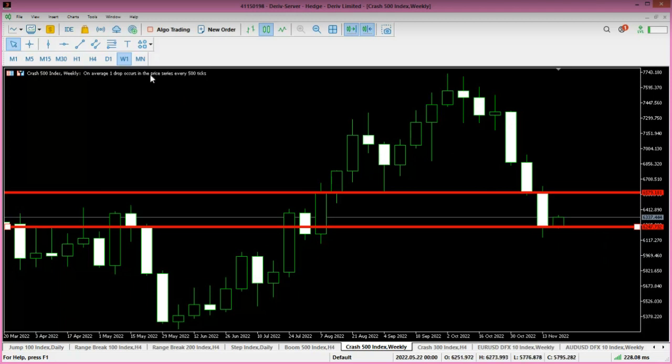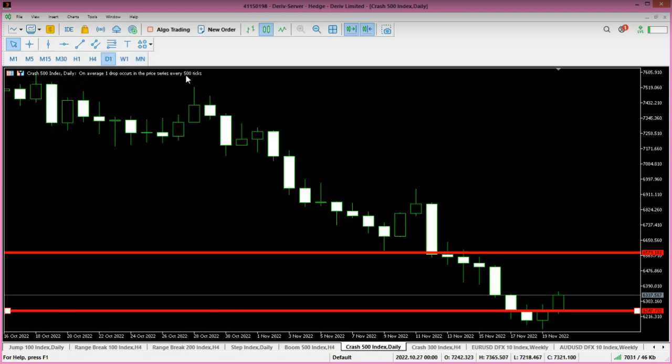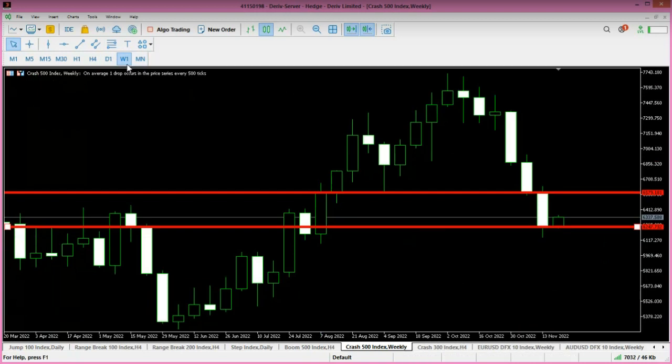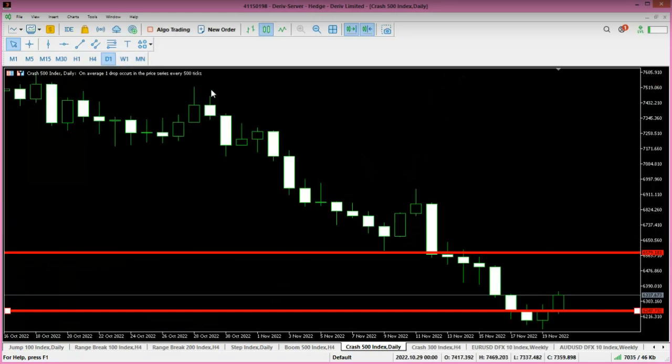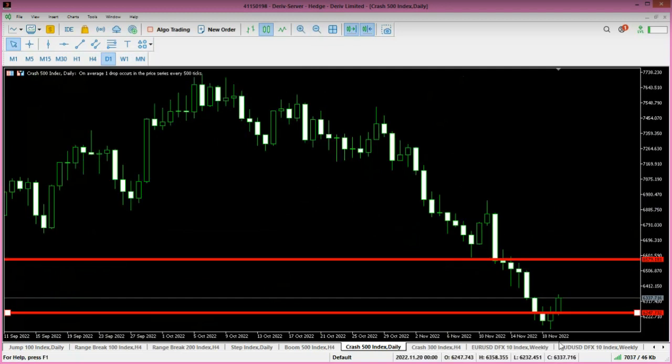With that being said, that means we're gonna go down with our time frame from our weekly. All right, it's fine. Okay, let us go down with our time frame. This is our daily candlestick.